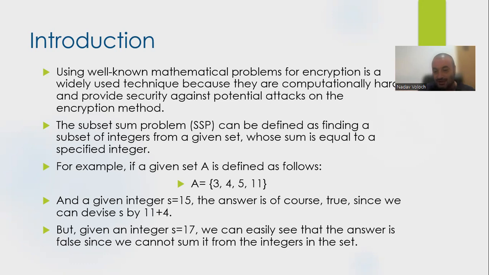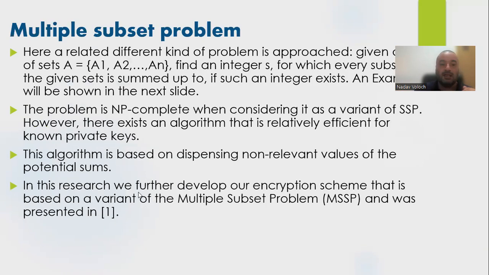You can try: you can take 11 and 4 and 3, and it's 18. So it's not possible. None of the possibilities sum up to 17. So we have a set of items, and we want to see if they can sum up to a certain number, the sum. This is the basic, very simple problem of subset sum.